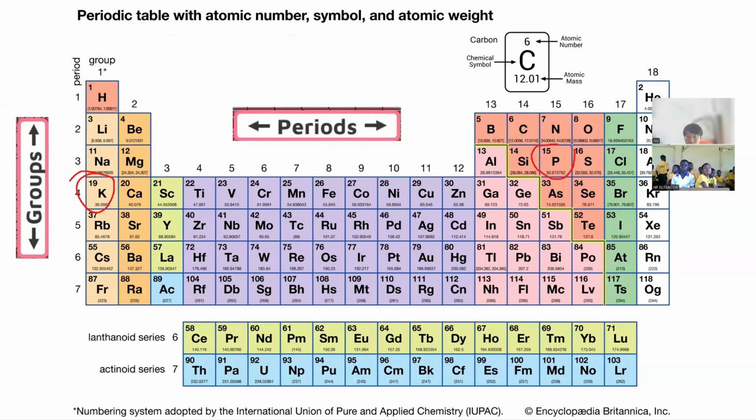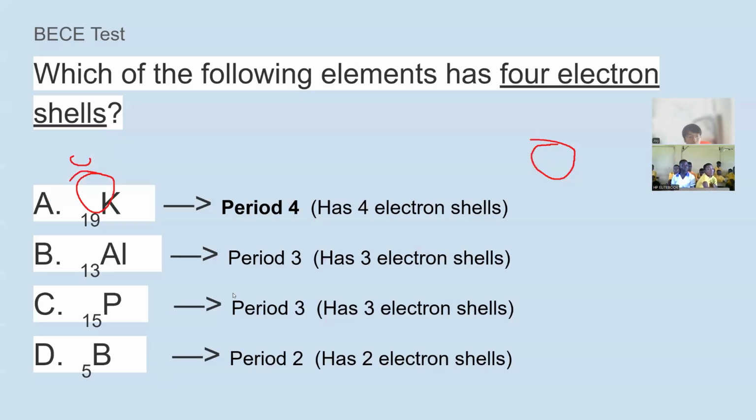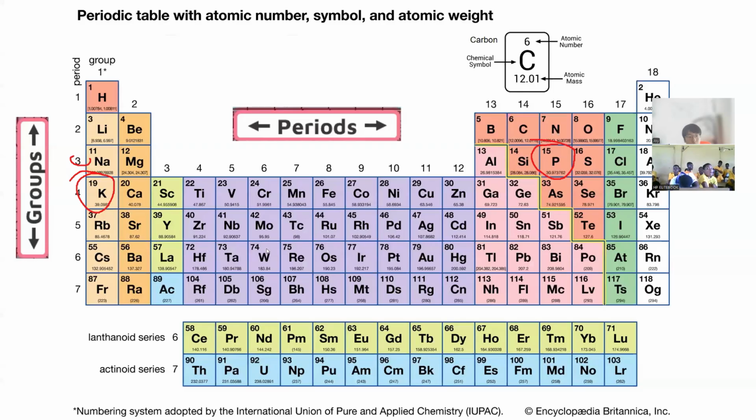Phosphorus is over here, period of 3. And what else was there? We have aluminum and boron as well. So let's point that out. Aluminum is over here, same period of 3. Boron is up here, which has a period of 2.